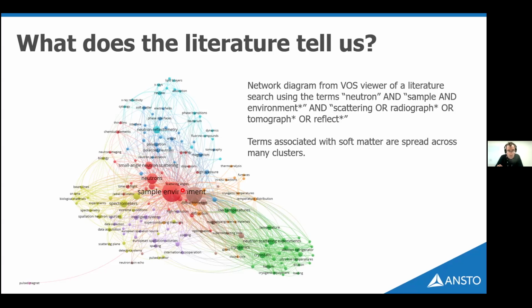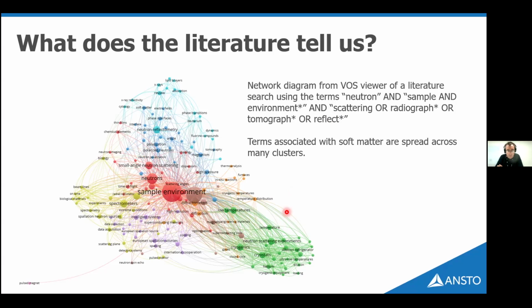The thing to point out is the green cluster at the bottom, which has most of the terms you would expect to find with hard matter studies and magnetism.